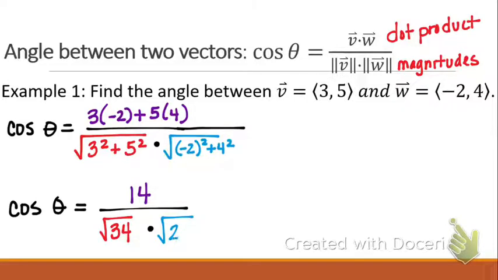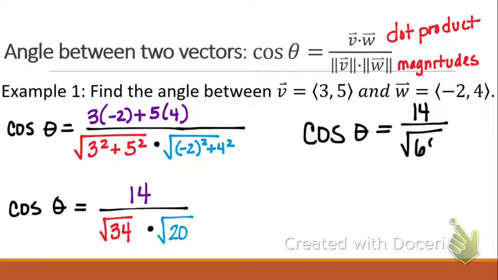Okay. All right. So we're multiplying these together. You can multiply 2 square roots. So 34 times 20 is 680. So in your calculator, we have the cosine of theta equals 14 divided by the square root of 680.